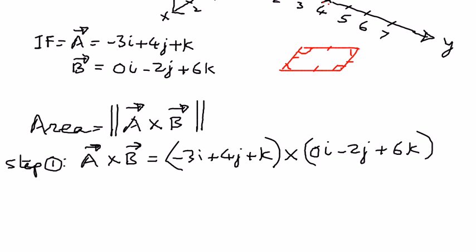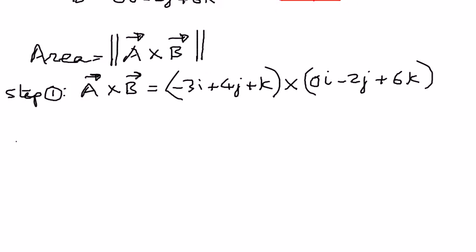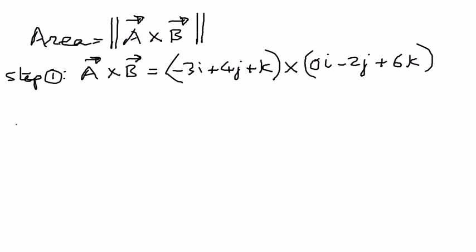And to do this, we will use our knowledge of determinants. So we can write i, j, k as the first row, and then on the second and third rows we will pick the coefficients of i, j, and k of vectors A and B. The coefficient of i for the first vector is negative 3, coefficient of j is 4, coefficient of k is 1.